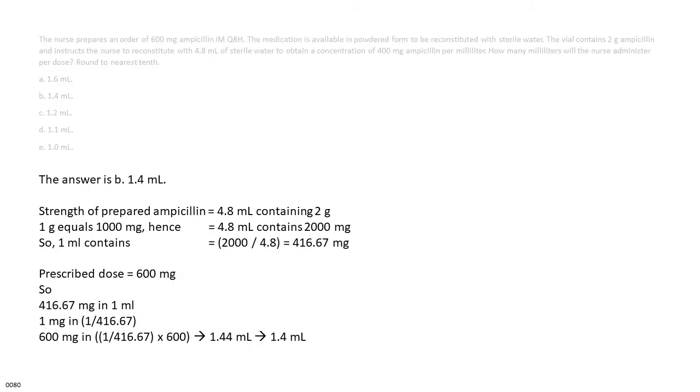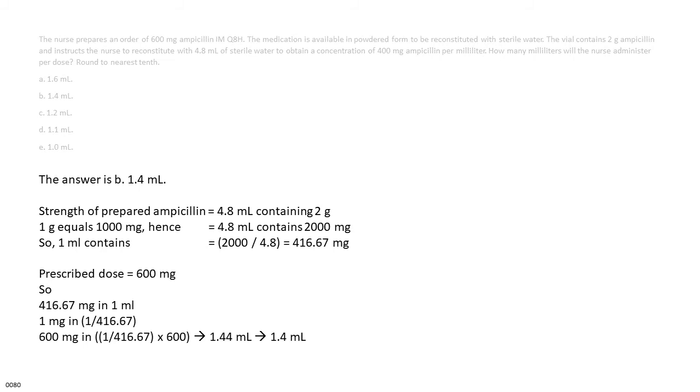The answer is B. 1.4 milliliters. Strength of prepared ampicillin equals 4.8 milliliters containing 2 grams. 1 gram equals 1000 milligrams, hence 4.8 milliliters contains 2000 milligrams. So, 1 milliliter contains 2000 divided by 4.8 equals 416.67 milligrams.